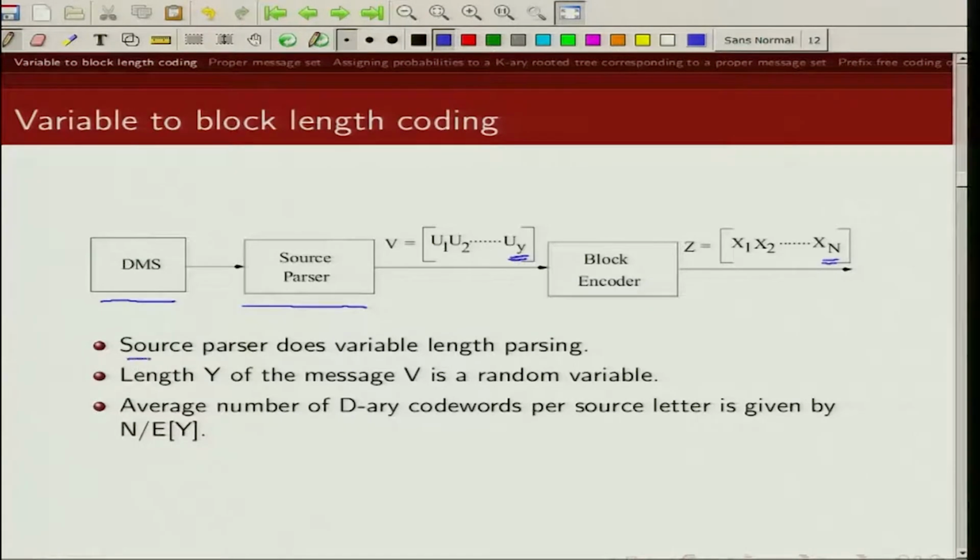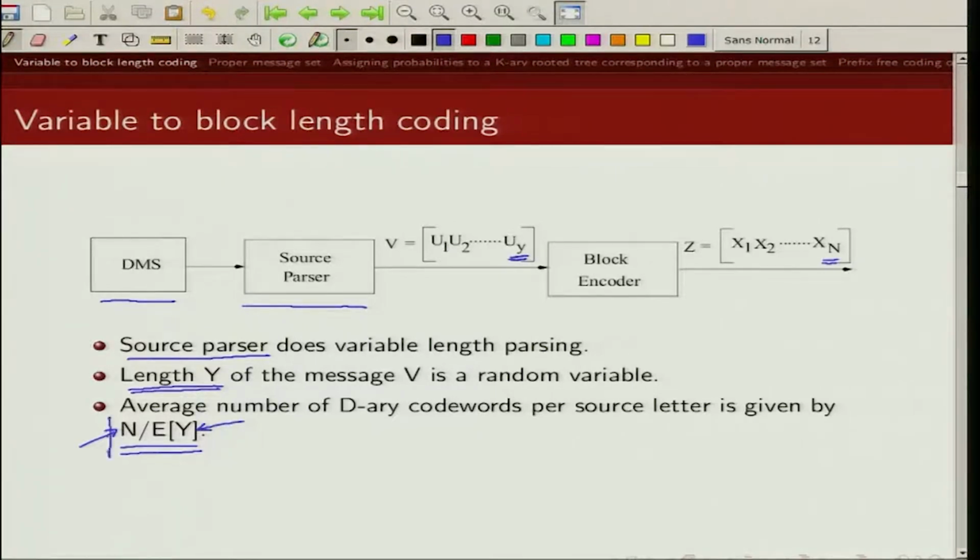So our objective is to design a source parser which will do this variable length parsing of the input stream, and our input block size Y is a random variable. Ideally we would like Y to be large because n is fixed, and the average number of bits for the code word per source letter is given by n by expected value of Y, because n is the output code word length and expected value of Y is the expected input block length to this block encoder.